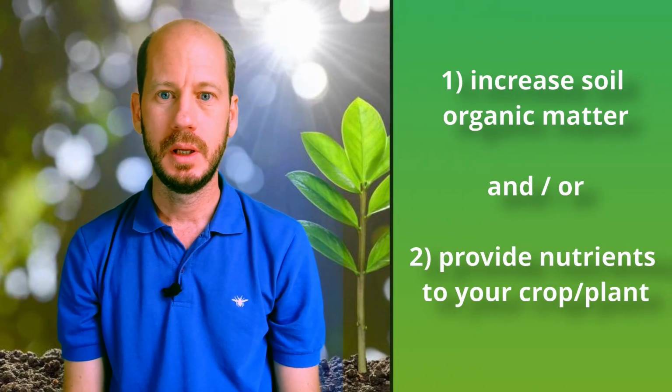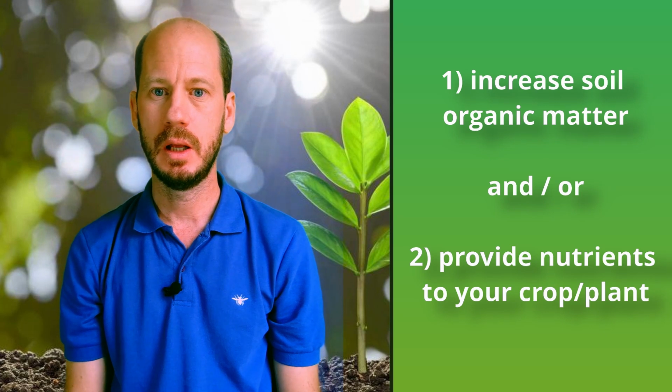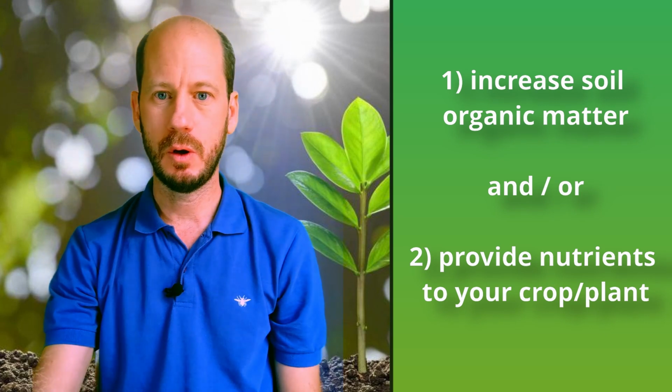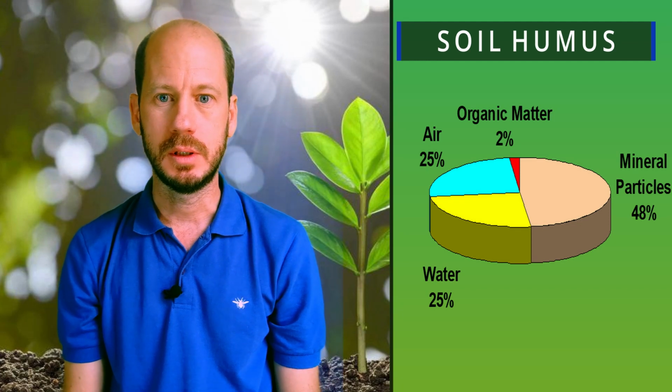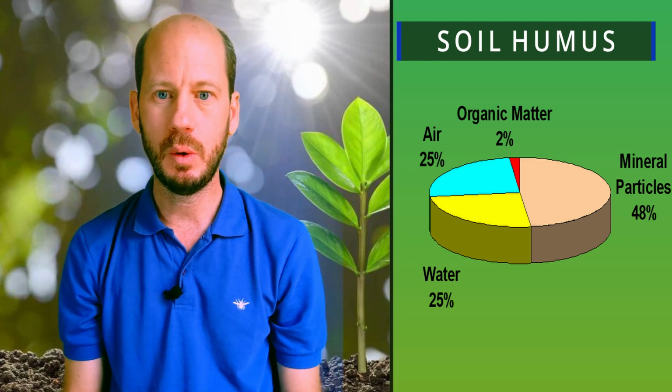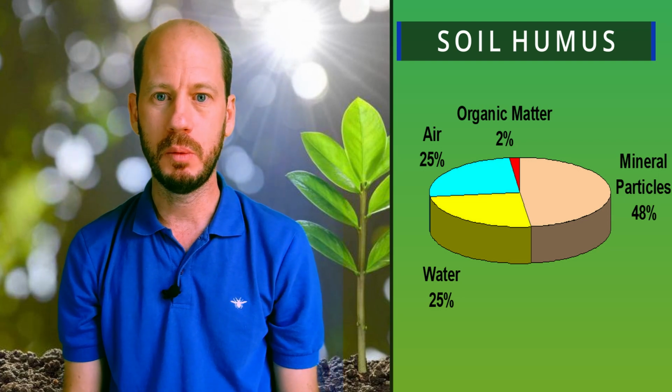One is if you want to increase the soil organic matter of the soil. And if you want to increase the soil organic matter, what we're actually talking about is humus, not the particulate organic matter in the soil. What is humus? Humus is a fraction of the soil solids.